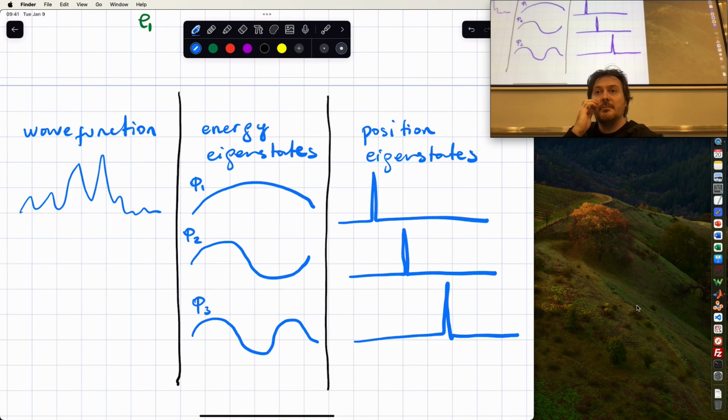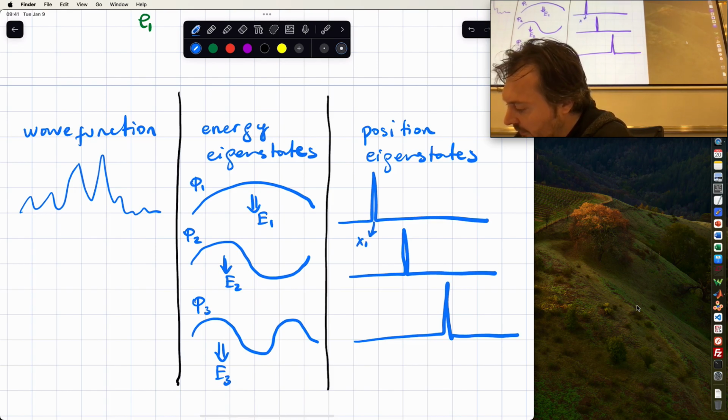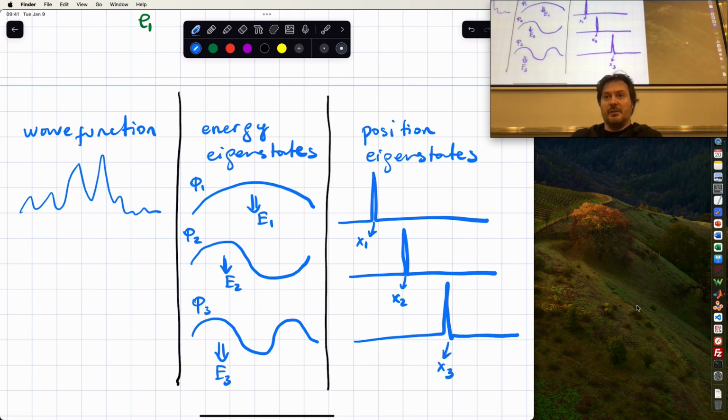Are you following? So this collapses into this and brings out E1. This collapses into this, brings out E2. This collapses into this, brings out E3. This collapses into this and brings out X1. Collapses into this, brings out X2, and collapses into this, brings out X3.